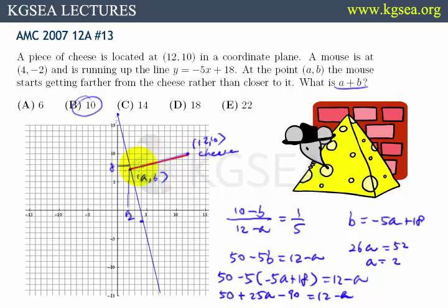However, there is another way of doing it. You can find the distance formula for this line, and the distance formula will always be a quadratic. Suppose you're at a particular point here. What would that point be? It's going to be x, comma, minus 5x plus 18. You can say y, but that's too vague. So if you find the distance between these 2 points by doing 12 minus x squared plus 10 minus the whole monster squared, you get a quadratic in x.